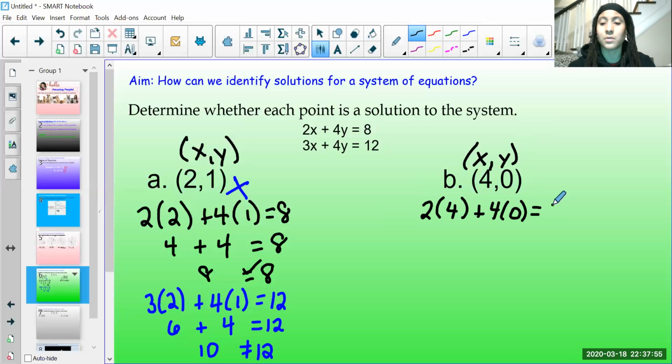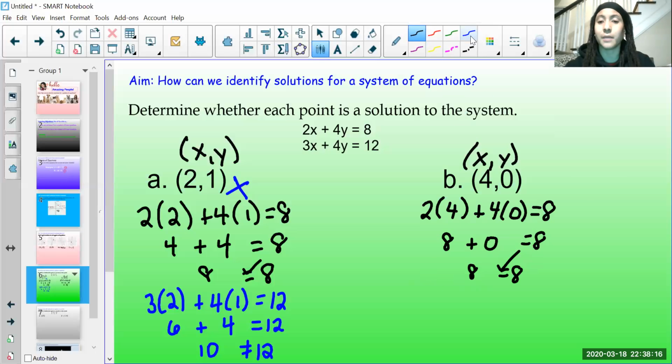Does it equal 8? 2 times 4 is 8. 4 times 0 is 0. 8 plus 0 is 8, and 8 is equal to 8, so that checks out.